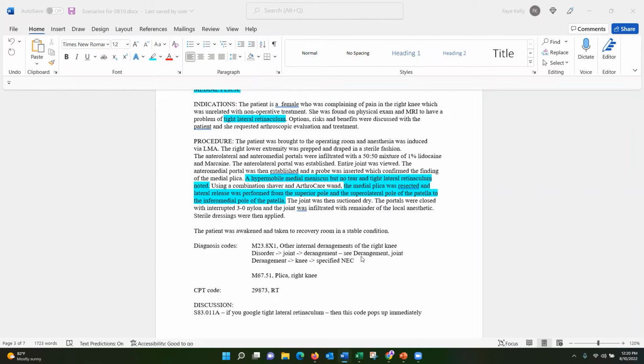It is specified, but it's not in the code book or the encoder with this specific diagnosis. So it is definitely specified, not elsewhere classified. So that's M23.8X1. And then I identified the plica of the right knee, M67.51.